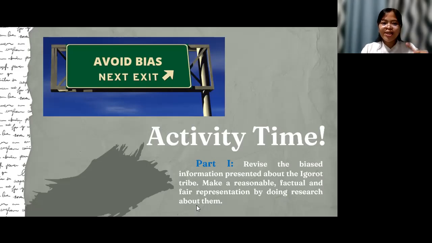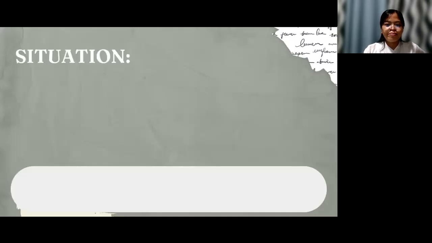So we're done discussing gender. We also discussed medical terms. And now we'll be focusing on our indigenous people, specifically the Igorots. So what is the biased thing written about them? Let's find out. We have to make it reasonable, factual, and fair.